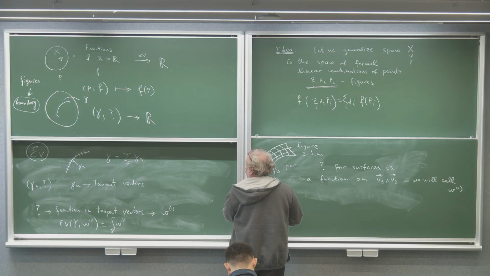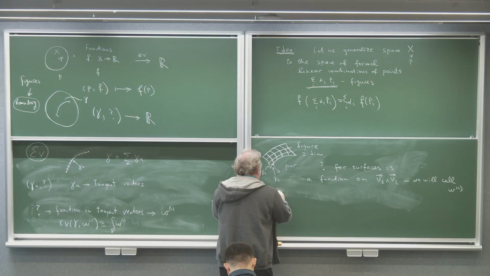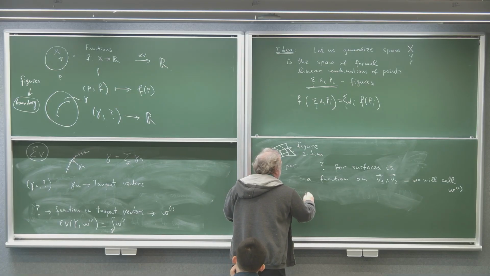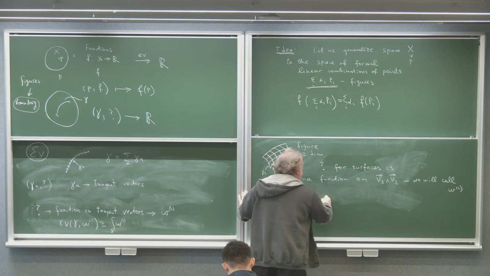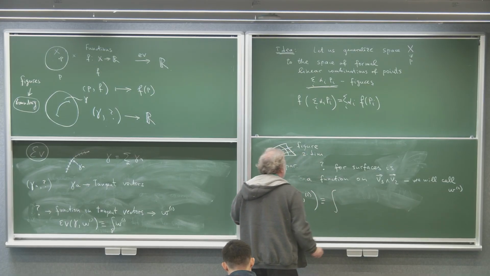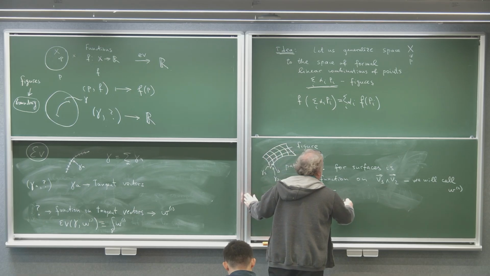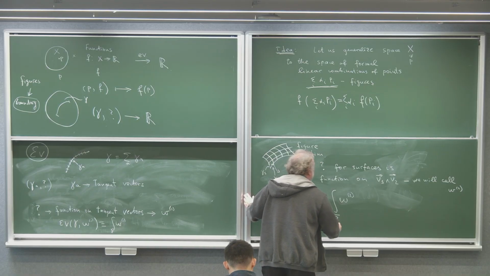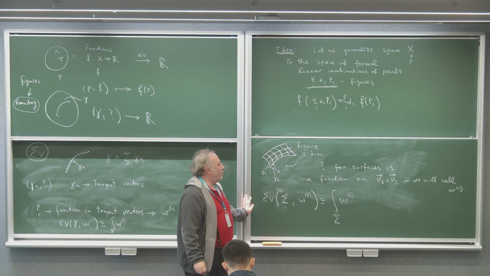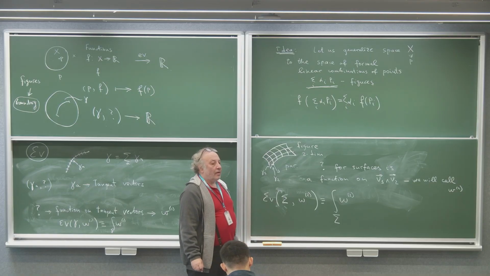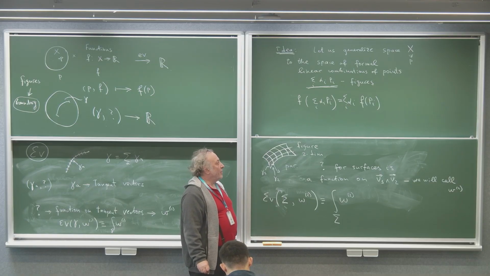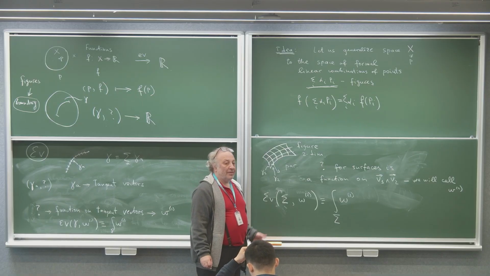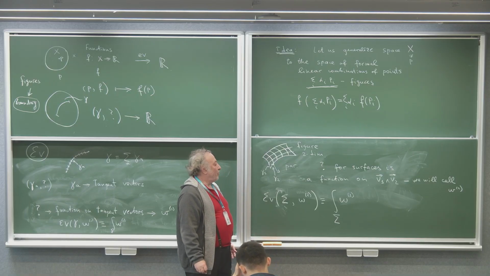And then evaluation of the surface sigma and omega 2 we will define as an integral of omega 2 over sigma. Now this is a way how we define differential forms in the form of Arnold.